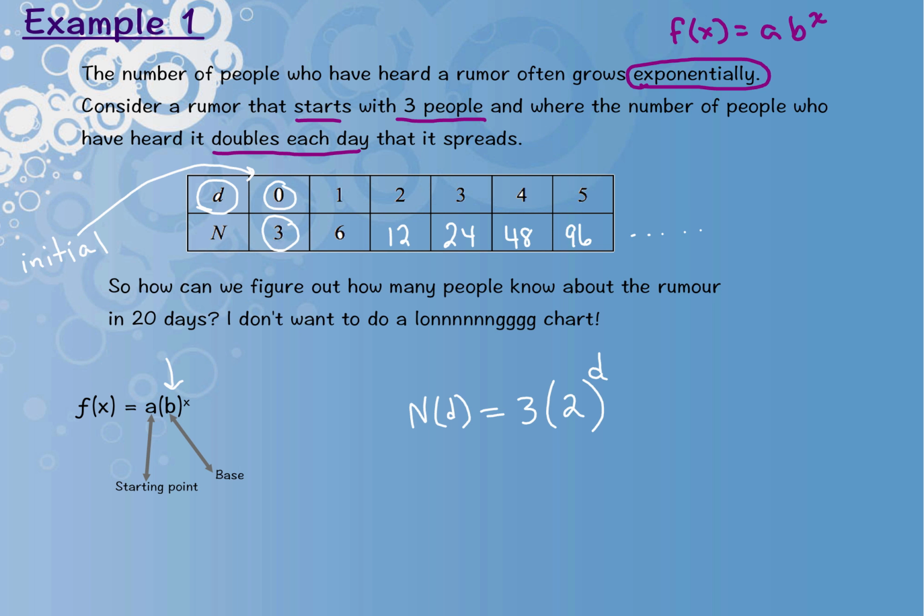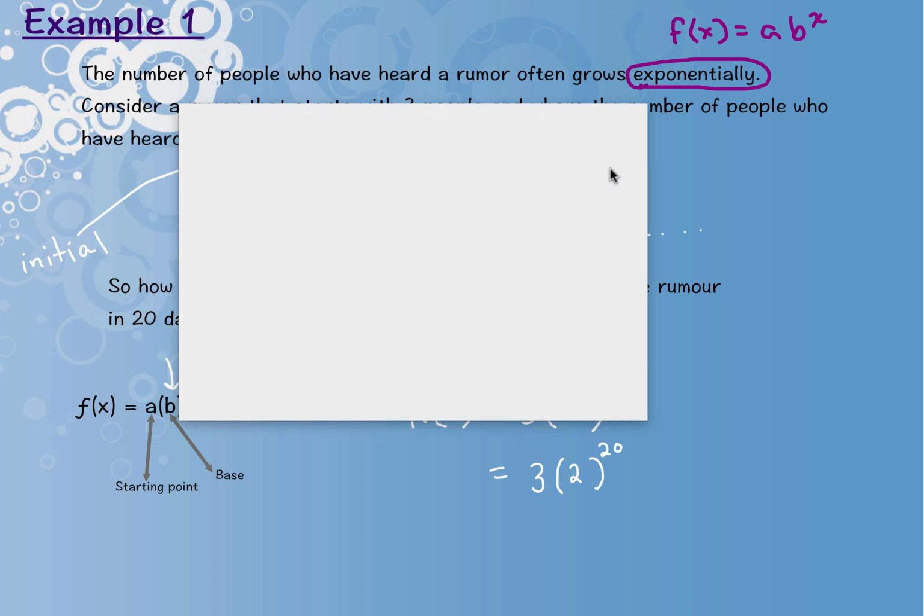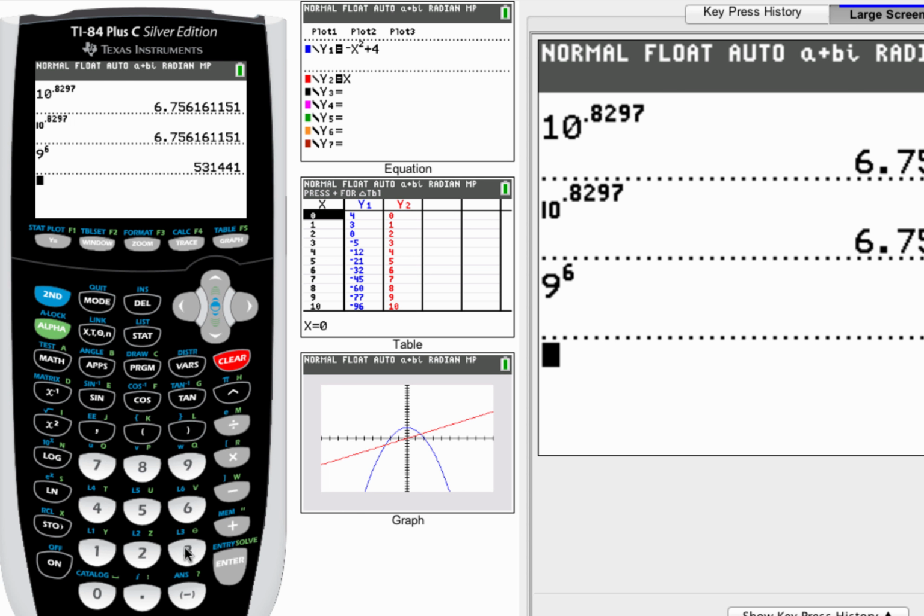All right, so let's figure out how many people know it after 20 days. 3, and it doubles to the 20th power. All right, so take out your calculators. So here's my calculator. 3 times 2 to the 20th power.